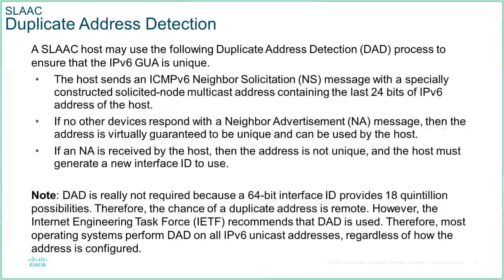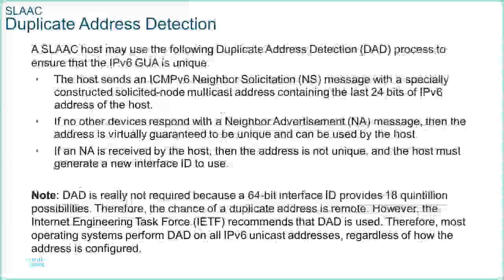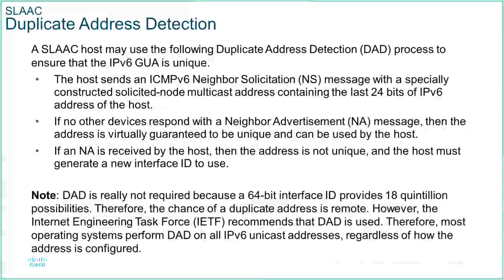If no device replies with its own neighbor advertisement message, it basically says, well, nobody is using that address. It's kind of guaranteed, but gives you an idea that we've got the chance of having a duplicate, because it's only the last 24 bits, not the last 64 bits, so you can have some duplication occurring.